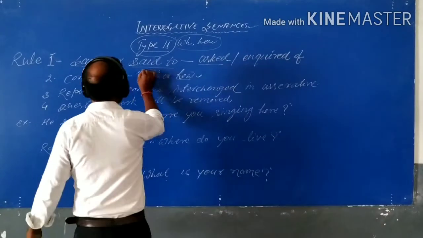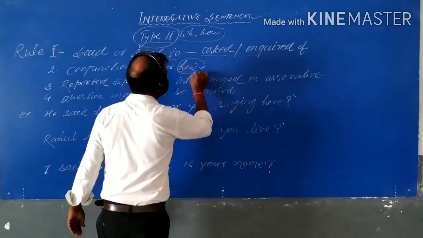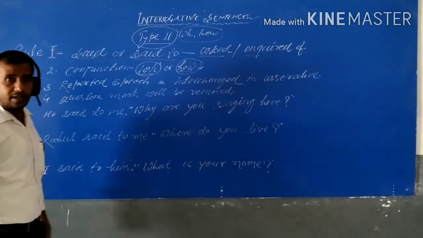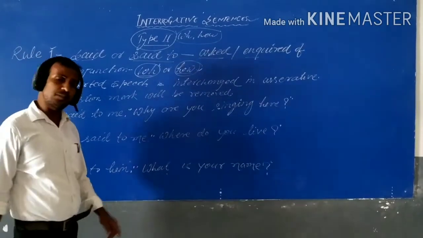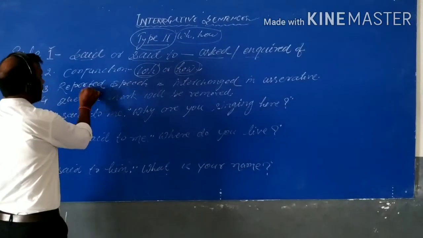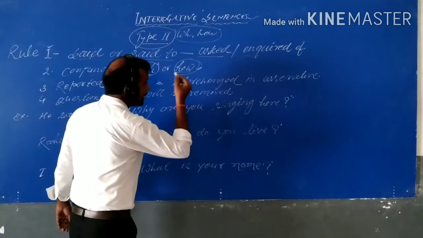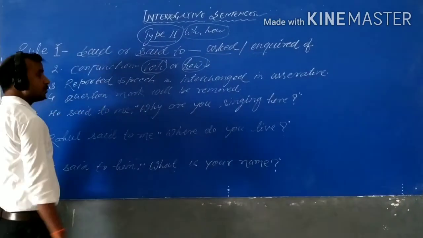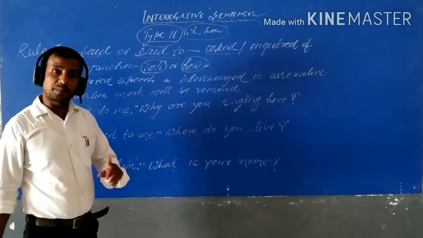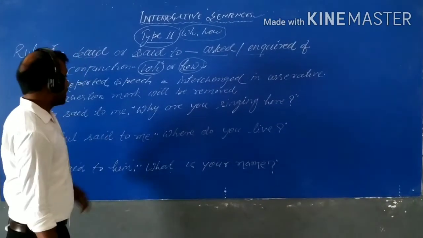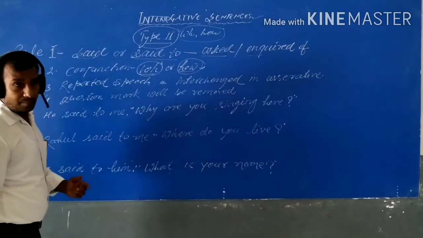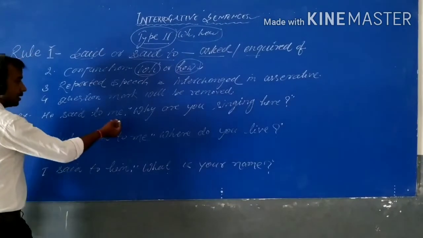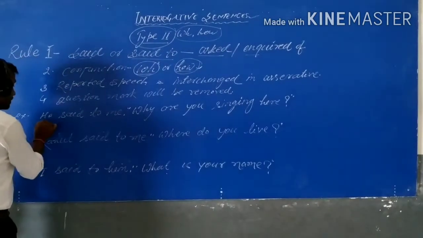That means the WH word itself is used to connect the reporting verb to the reported speech. Reported speech is interchanged into an assertive sentence and the question mark will be removed. What I have explained in type 1, now it will be clear with the help of examples.